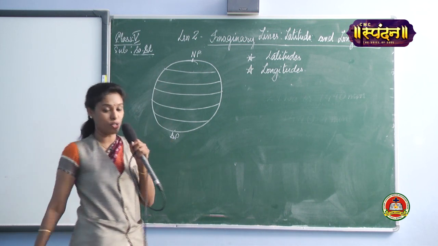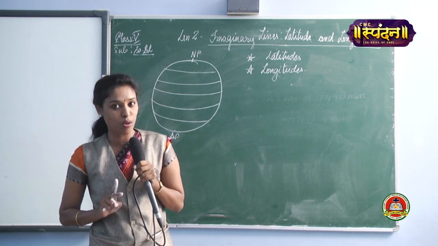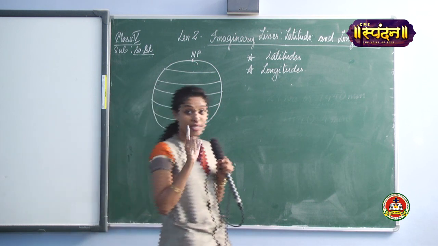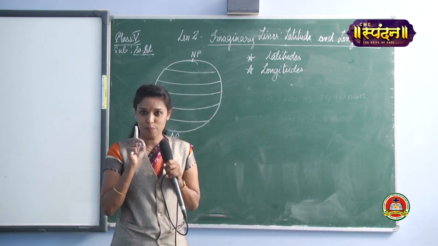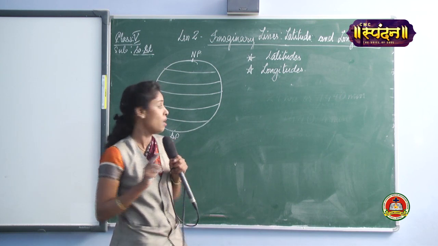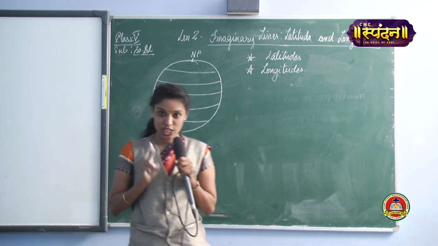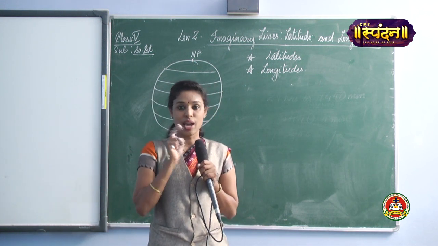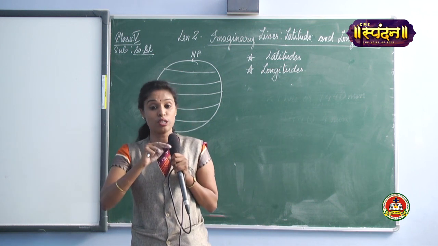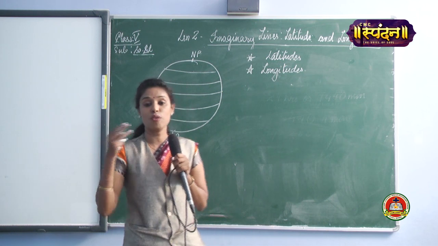Coming to your longitudes, you had learned 2 important longitudes. First one was your prime meridian. It is an imaginary line that passes through Greenwich near London. Then the second one was your international date line, which helped you to locate which date it is.